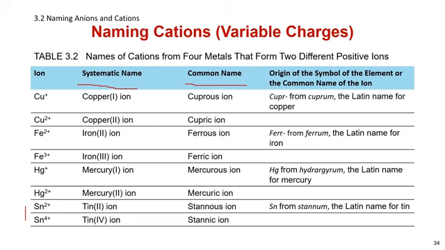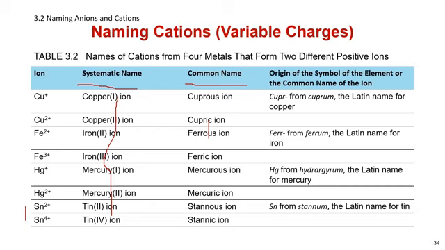Therefore, you have to tell whether tin is 2 plus or 4 plus. This is the Roman numeral. 1 is just 1, 2, 3, 4. In the common system, ic means high charge, ous means low charge.